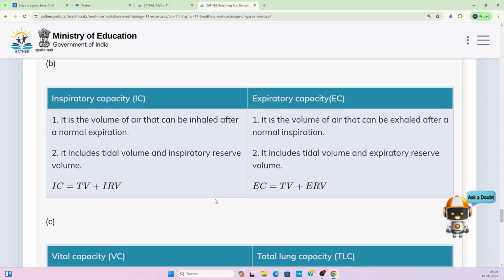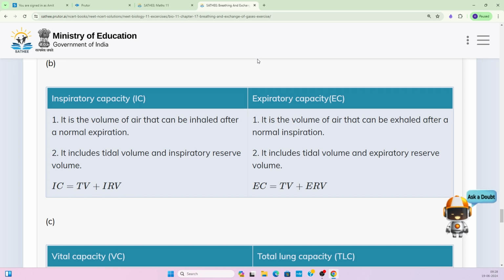Moving to the next question, inspiratory capacity and expiratory capacity. Inspiratory capacity is the volume of air that can be inhaled after a normal expiration. So there is a normal expiration, and after that, the amount of air that can be inhaled. Expiratory capacity is the volume of air that can be exhaled after normal inspiration.